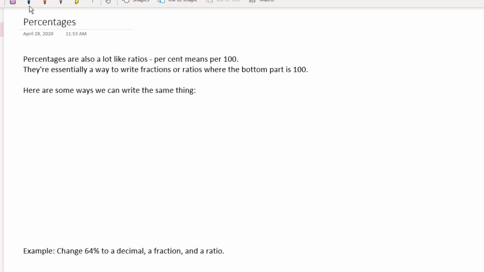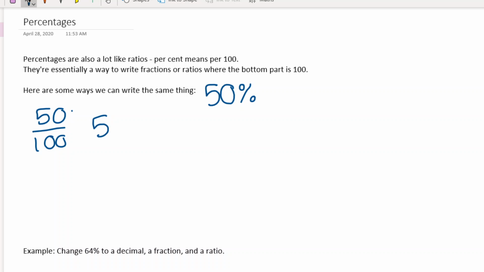And so we get to this point where there are a lot of ways that we can write the same thing. So let's say our thing is 50%. Well, we could write that as 50 out of 100. Or we could write that as 50 to 100.